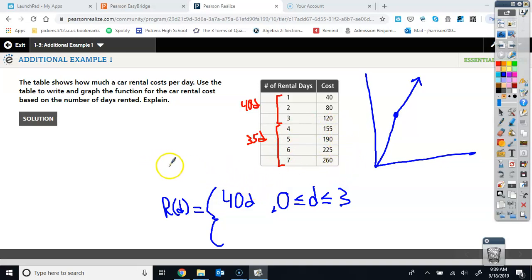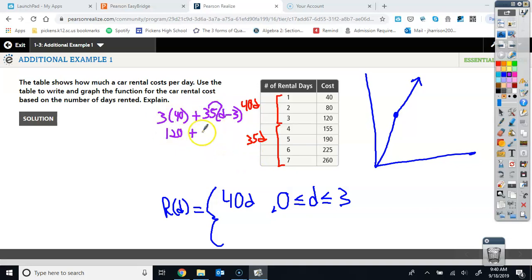So think about what we saw in the last problem. When we looked at the last problem, they said if you have the first 3 days times $40, and then you have added to that $35 times the number of days minus the original 3 days, you're going to have 3 times 40, which is 120.